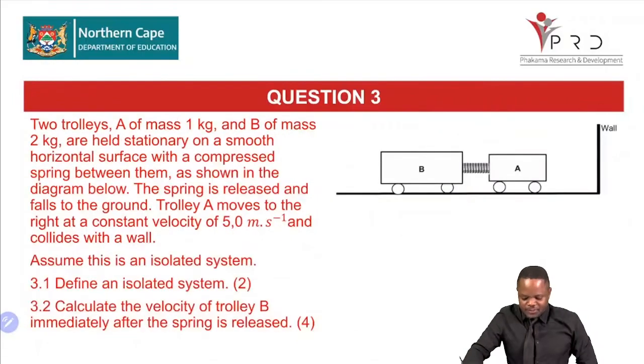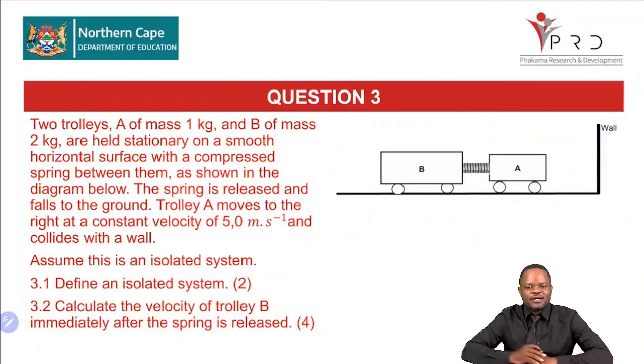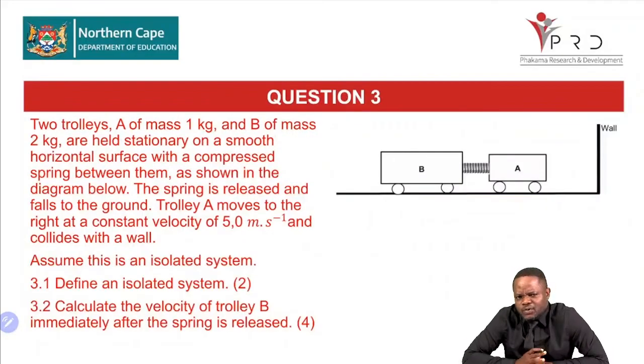Let us proceed to question 3, taking note of how these questions are structured. In our question 2, we noted that questions on momentum and impulse can be approached graphically. So you should now be able to interpret the velocity-time graphs for your collisions.